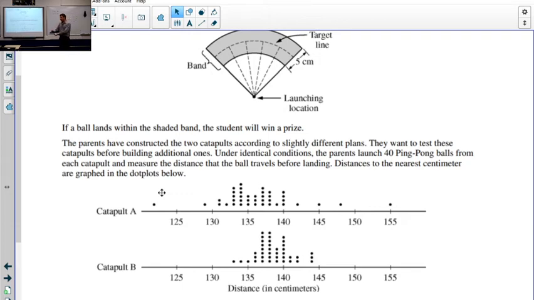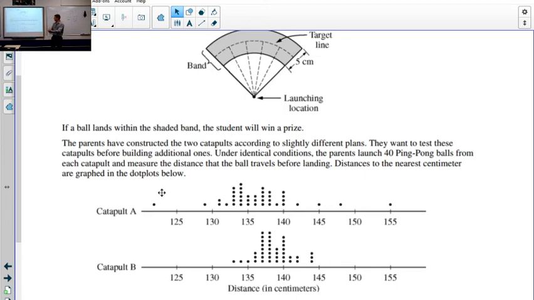And I want you to pause here, even if you haven't paused in the other ones, and see if you can talk about each of the pieces that we said that we should talk about. I want to see if you can make comparisons between A and B. Talk about shape. Talk about the outliers. Are there any outliers in either of these catapults?